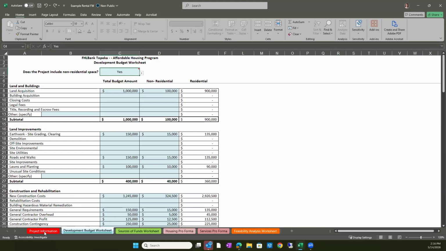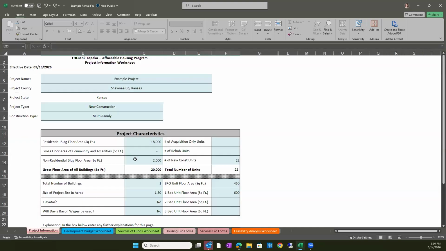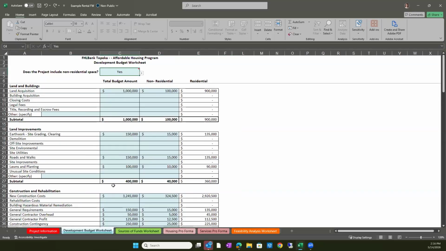In my project information tab, I said 2,000 square feet of my 20,000 square feet, which is 10% of my total square footage, is allocated to non-residential space. So my development budget worksheet is automatically assuming, you can see if I put a new number in here, it's automatically going to take 10% of the cost I enter in the total budget amount, and it's going to enter it into the non-residential column.